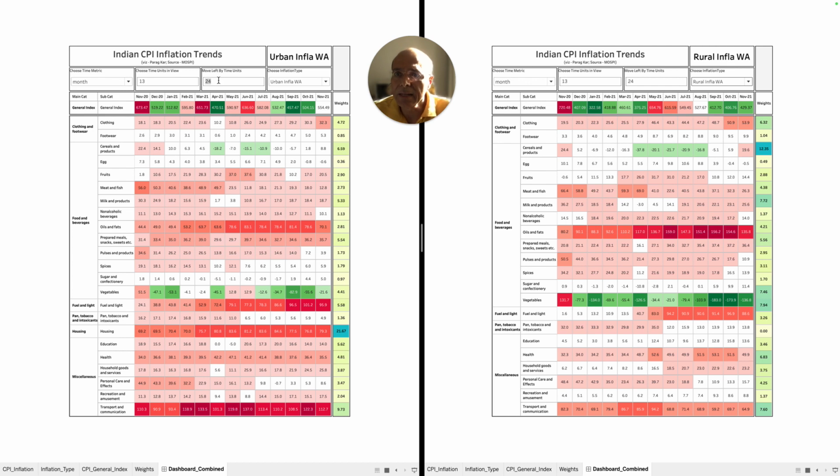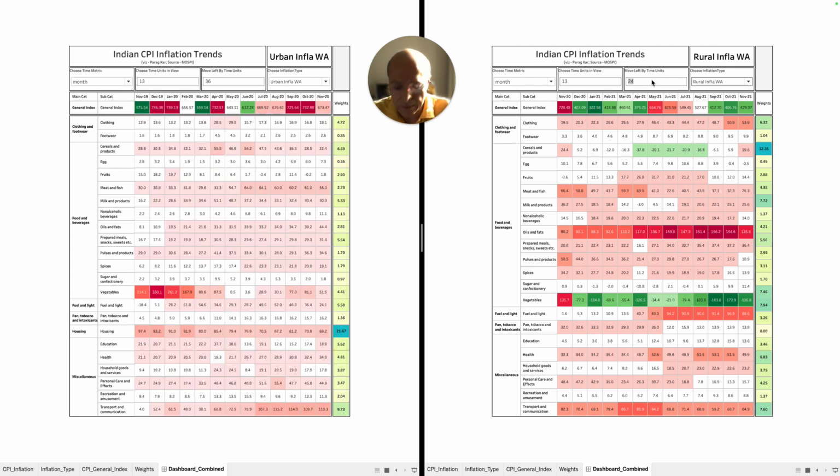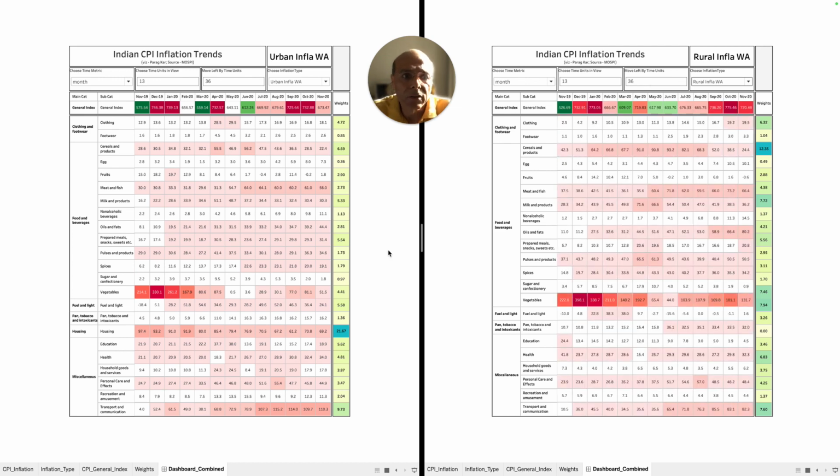Now let's look at 36 months back in time on both the windows, and let's see what's going on. In 36 months back in time, the inflation numbers were largely uniformly contributed to. Though the inflation numbers were very high, not a single item added significantly to the inflation except transport and communication. See, transport and communication.